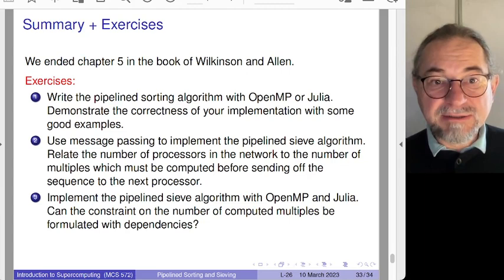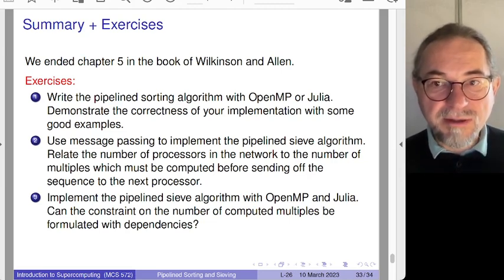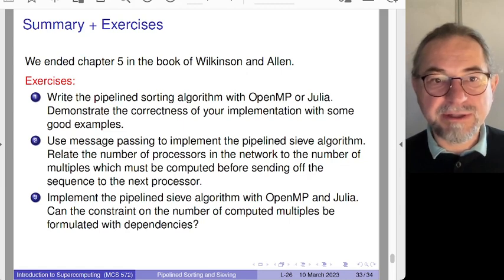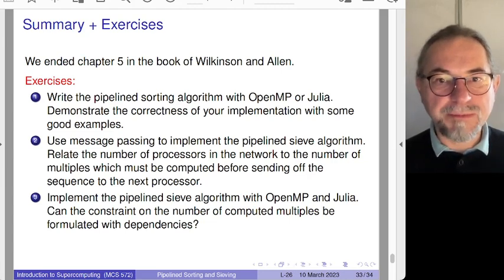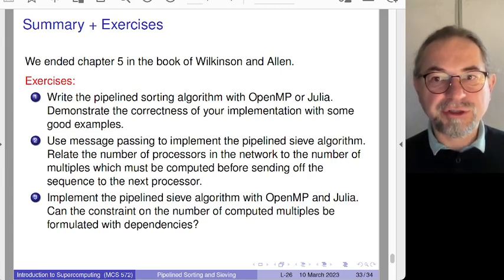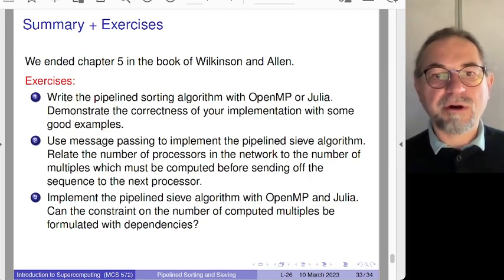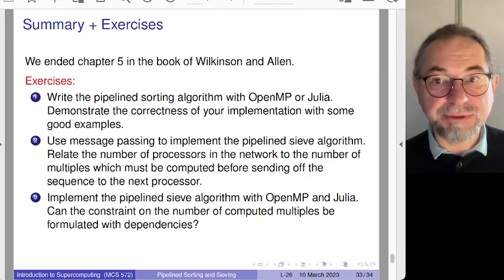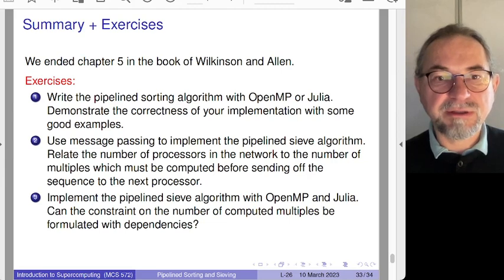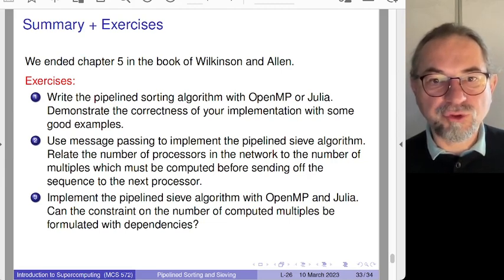I have indicated the pipeline sieve algorithm. The most difficult aspect there is the minding of the gap. One has the slowness of the communication versus the number of multiplications that must be done before sending the next sequence through.